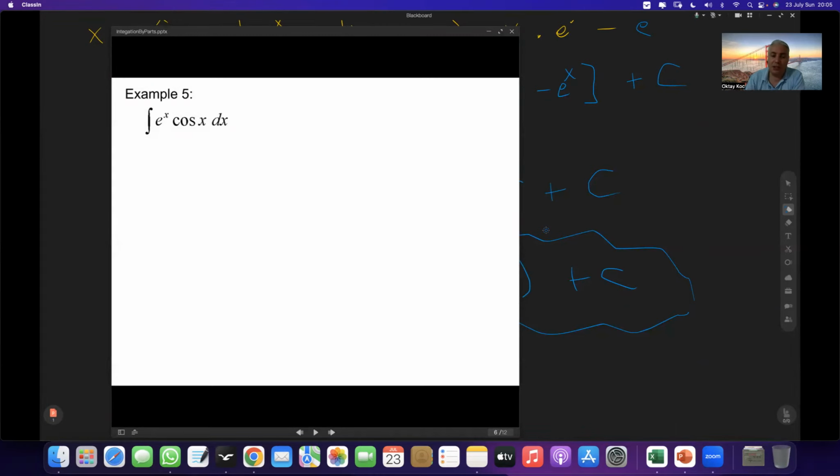This is your question: the integral of e to the power of x times cosine x dx. So what will be the answer of this question? The student is going to use his or her pen or tablet and write on my screen, and while the student is writing, I'm going to see how he or she is solving the question.